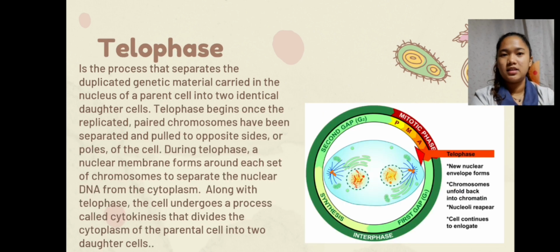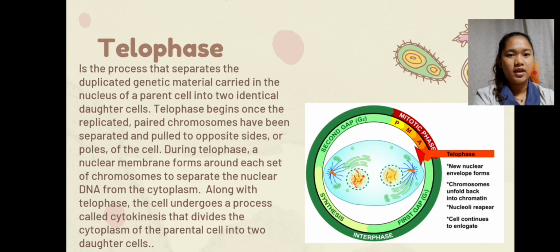Telophase. It is a process that separates the duplicated genetic material carried in the nucleus of a parent cell into two identical daughter cells. Telophase begins once the replicated paired chromosomes have been separated and pulled to opposite sides, or poles, of the cell.